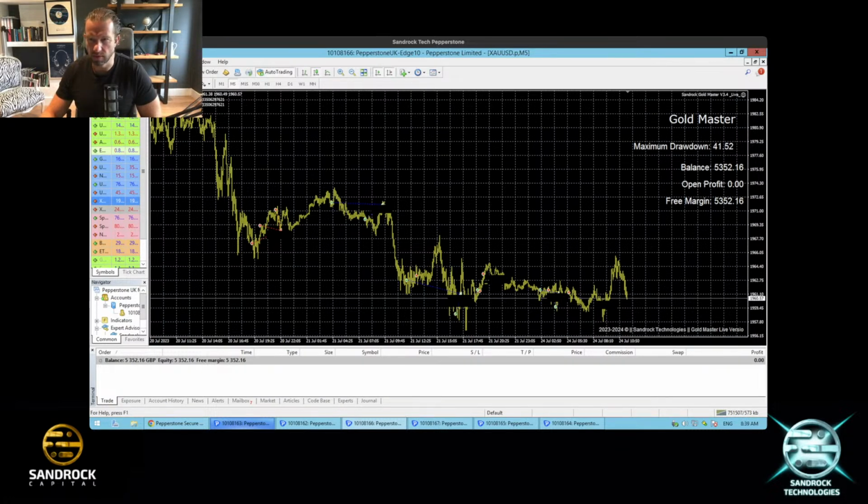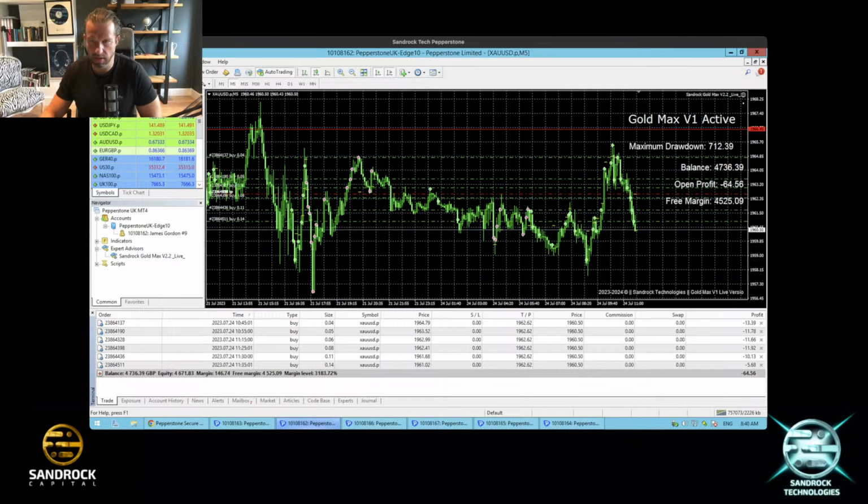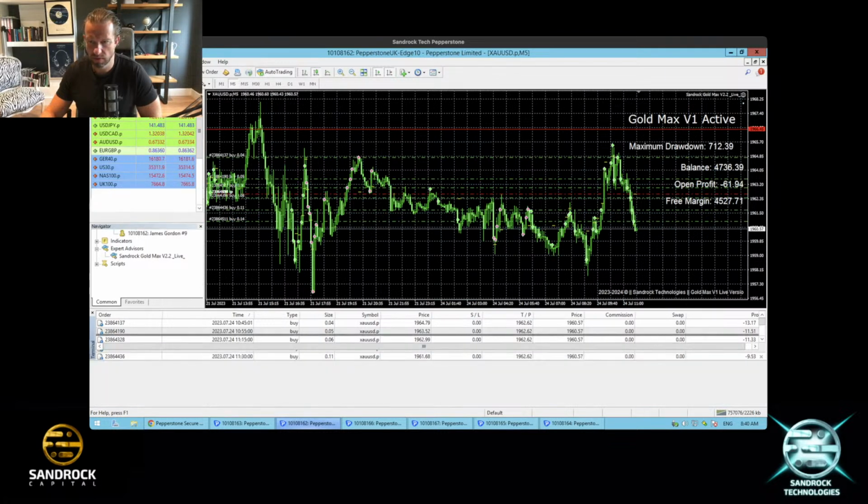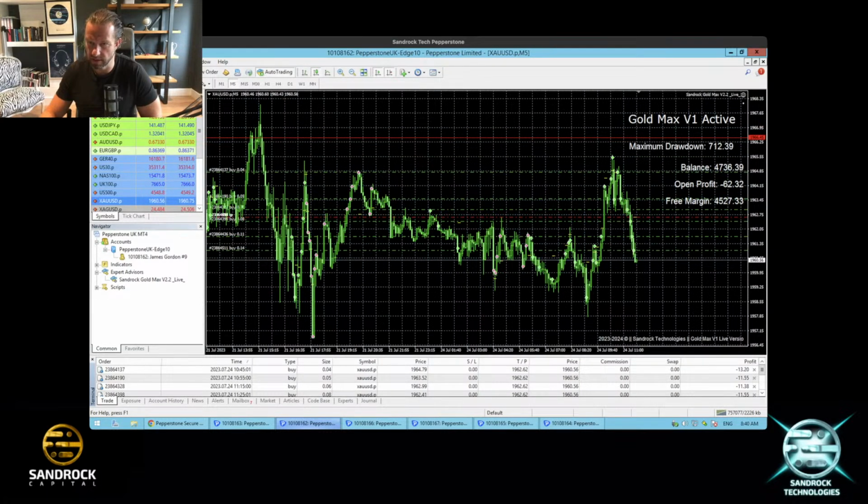Here we go, this is the Gold Master. It's taken trades, as you can see as we go back. We're £352 up. This Max is in a drawdown at the moment, not a bad drawdown, only £62. That's on the 5-minute chart and it's working quite nicely.